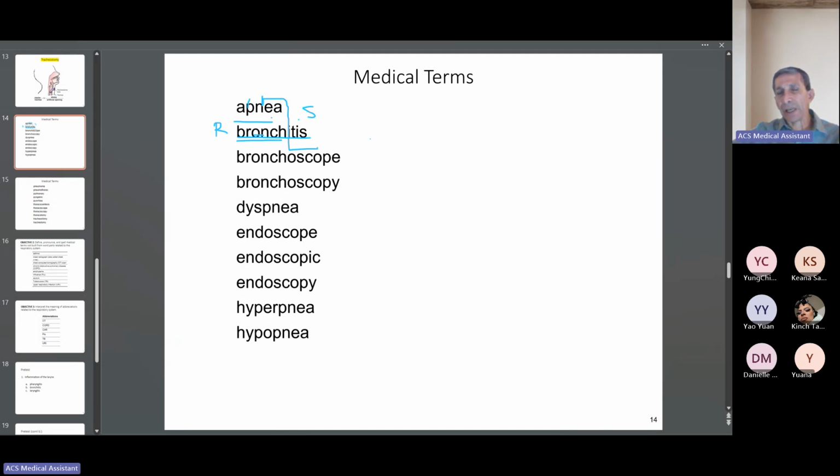So if we said inflammation of the bronchus, the tube that brings air from the pharynx to the trachea to the bronchus, it will be the tubes that branch off from the trachea to bring air to the lungs. That's basically what it is.